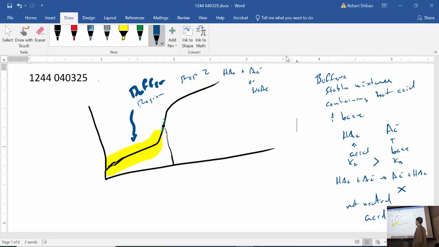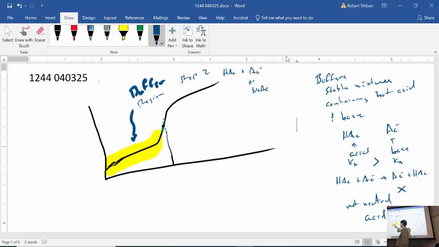The conjugate acid is weak, as long as the strong acid is not in excess. If the strong acid is not in excess, then the strong acid is neutralized by the base, and we generate some more HAc, which changes the ratio a little bit. And that change in the ratio just results in a small change in pH.